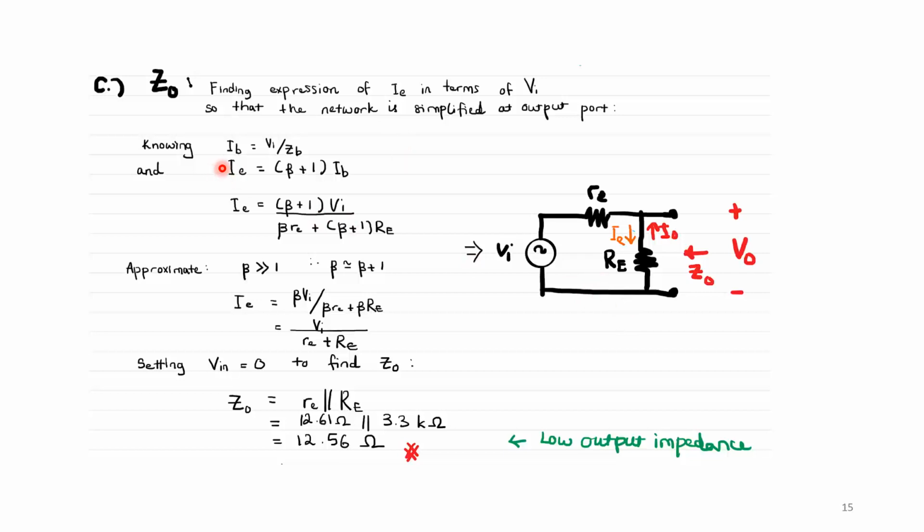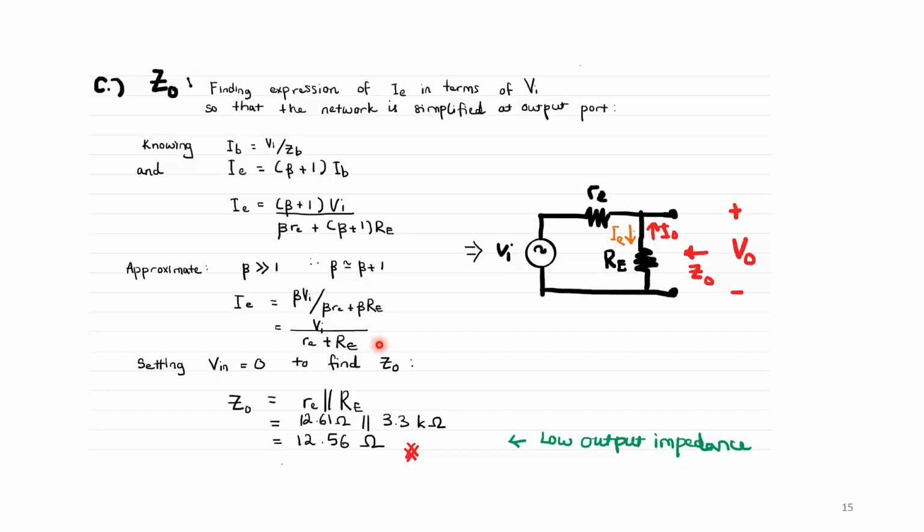Okay, so knowing IB is equal to Vin over ZB, and IE is equal to beta plus 1 IB, we find an expression for IE which consists of beta. Once approximated, we can cancel the beta from the top and bottom, and we have an expression of IE equal to Vin over small signal re plus emitter resistor RE.